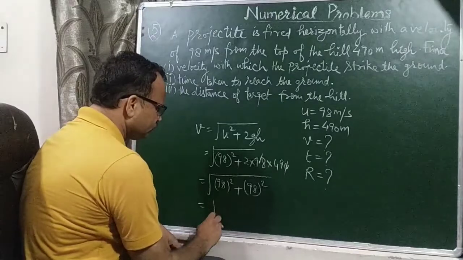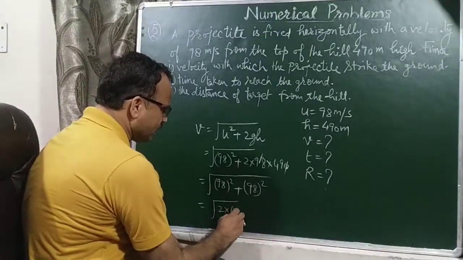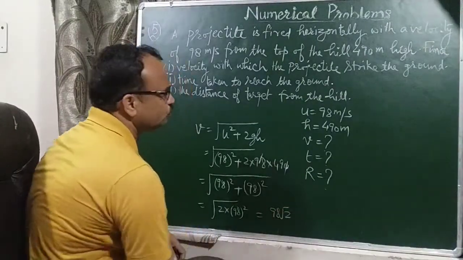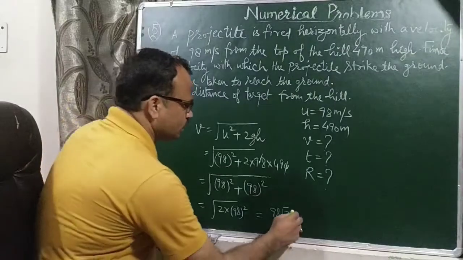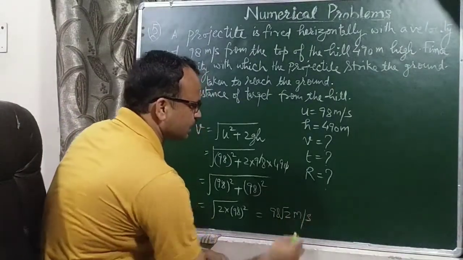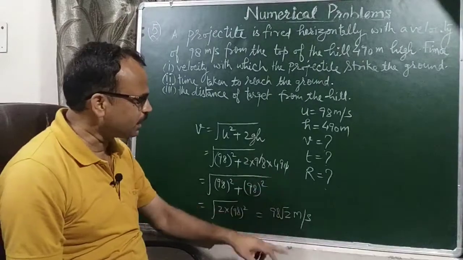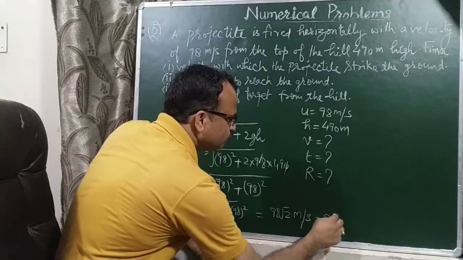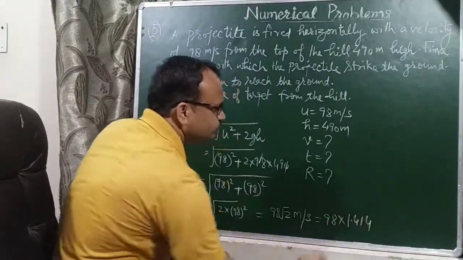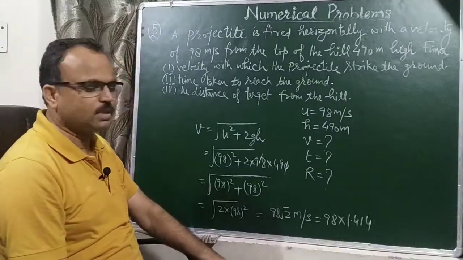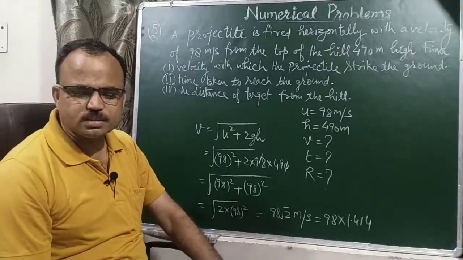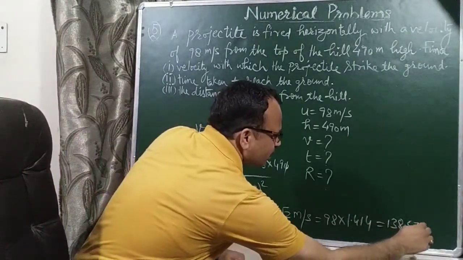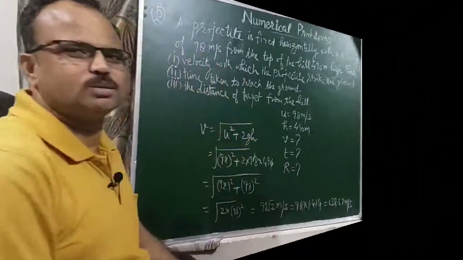So we can write 2 into 98 square. So 98 root 2 is the velocity, unit is meter per second, or you can multiply by the value of root 2. So 98 into 1.414, then the answer will be 138.57 meter per second. Okay.